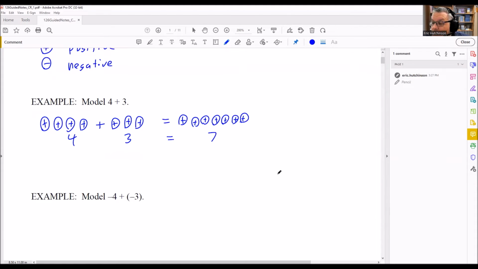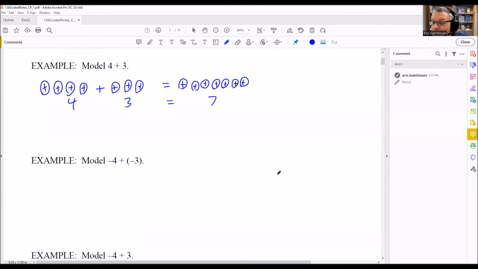Now let's do another one. Let's do negatives here. We're going to start out with 4 negatives. That's negative 4. And now we're adding 3 negatives, negative 3.